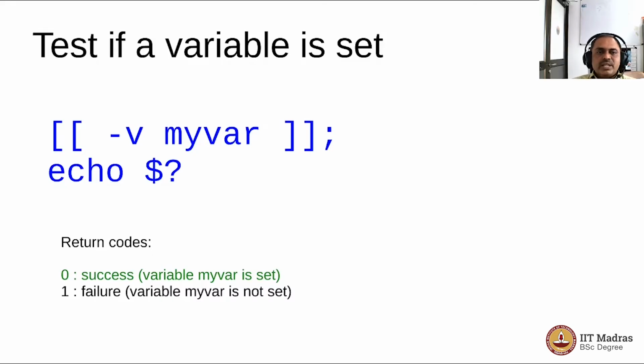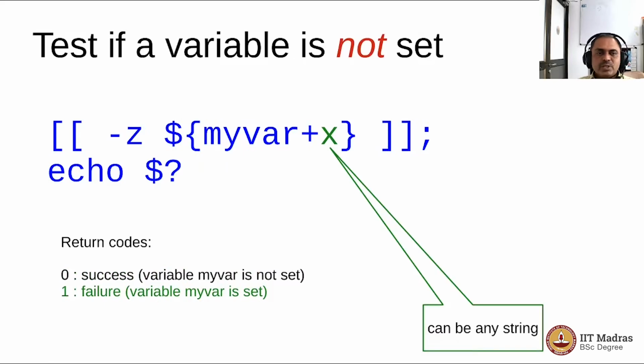We have already looked at the error codes or return codes of various commands on the bash prompt earlier. You could also test if the variable is available in the memory or not in an indirect manner by using the -z option, and here you could actually see that the character x can be replaced with any other character, and it would work opposite to the -v option that we have seen just now.